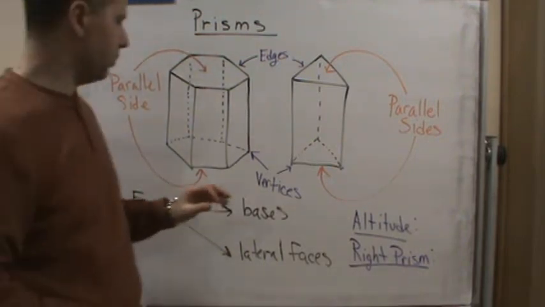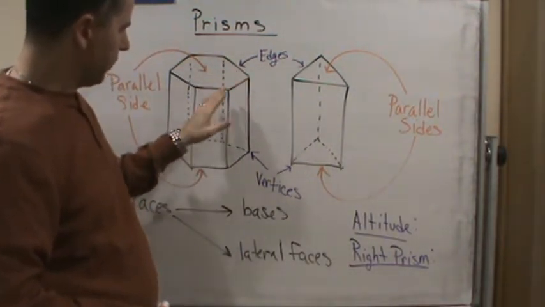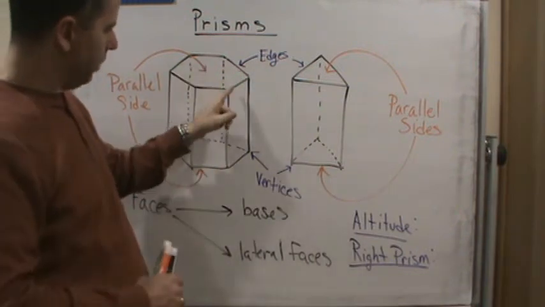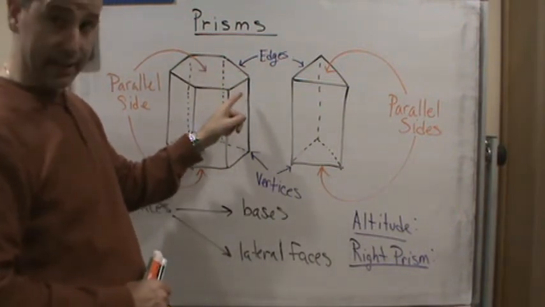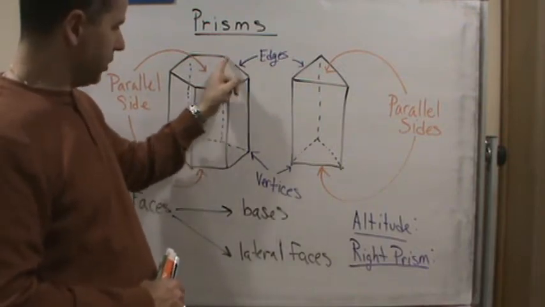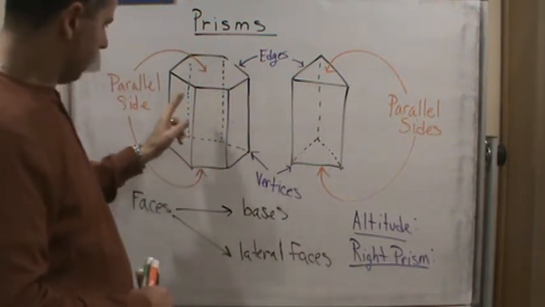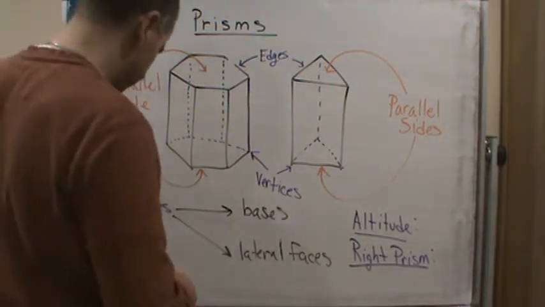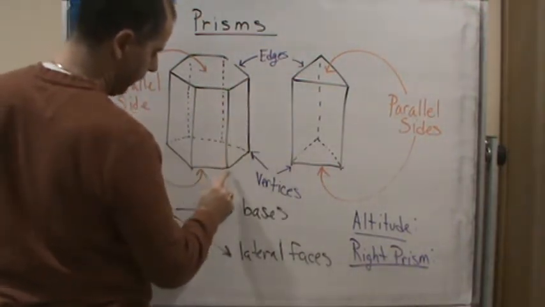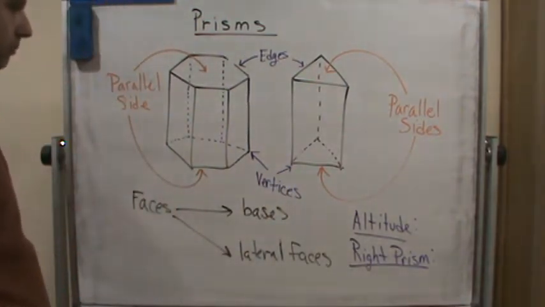A couple other things to realize: these lines, where two faces intersect or meet, are called edges. Now, the corners all the way around are called the vertices of the prism.